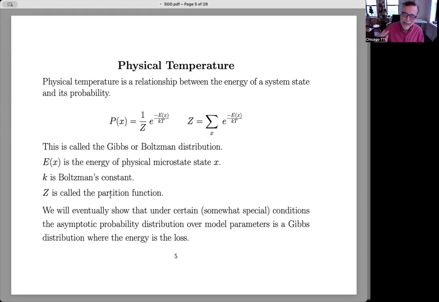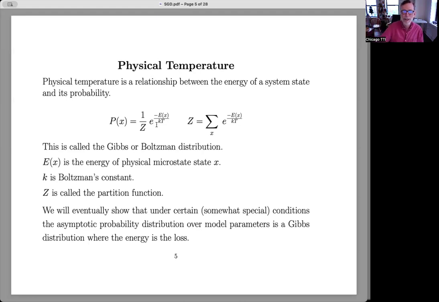And in a later lecture, I'm actually going to derive a relationship between the Gibbs distribution and the probability distribution over model parameters. So what's going to happen is, as you decrease the learning rate, as you decrease the temperature, at any fixed temperature, you reach this asymptote, which is defining a stochastic distribution over the model parameters.